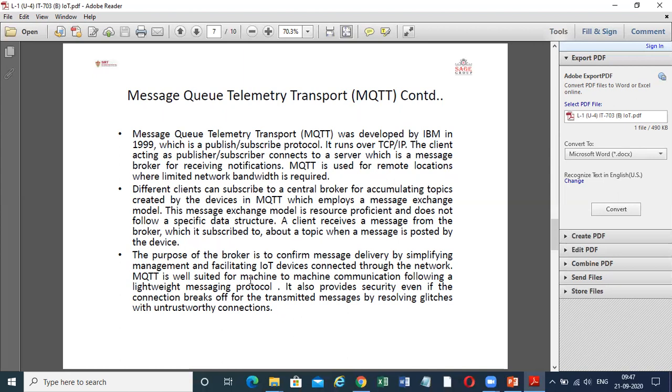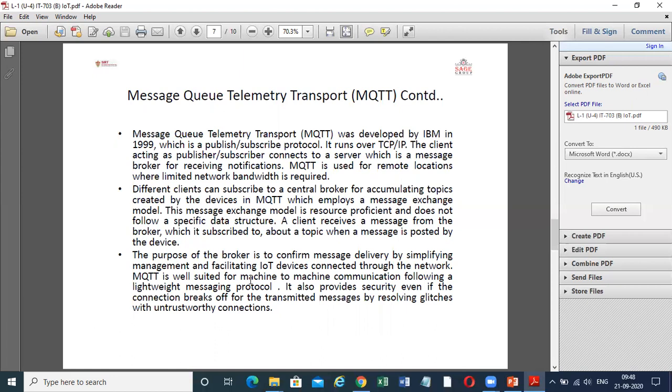This message exchange model is resource proficient and does not follow a specific data structure. A client receives a message from the broker, on a topic it subscribes to, when a message is posted by the device, that is the publisher, that is the node.